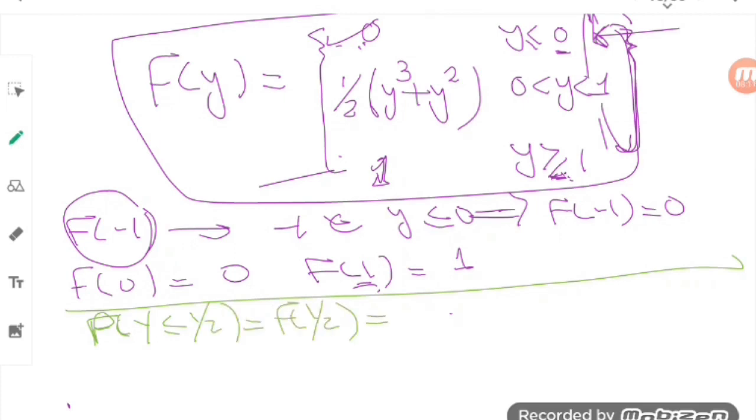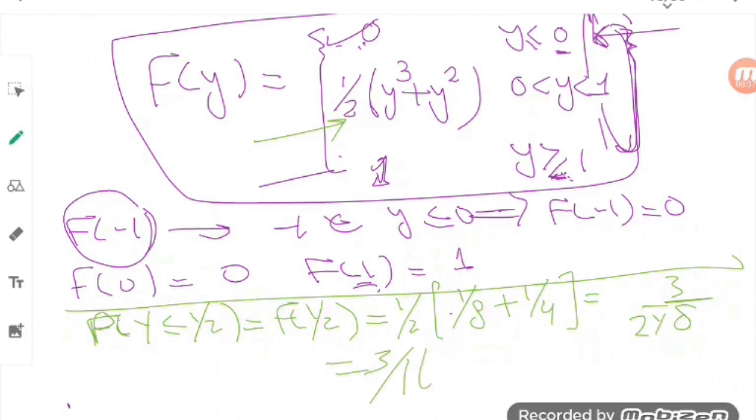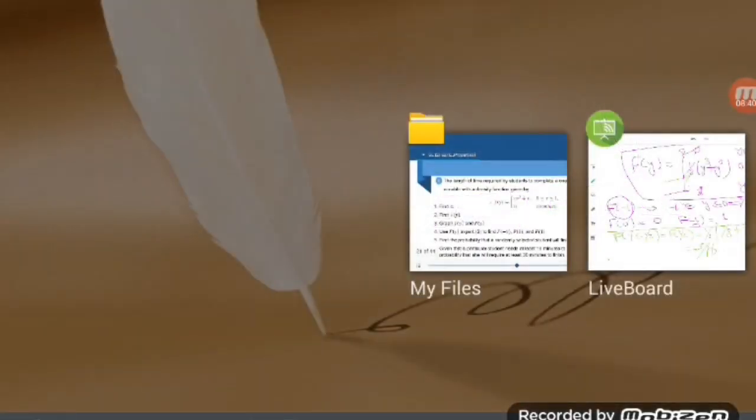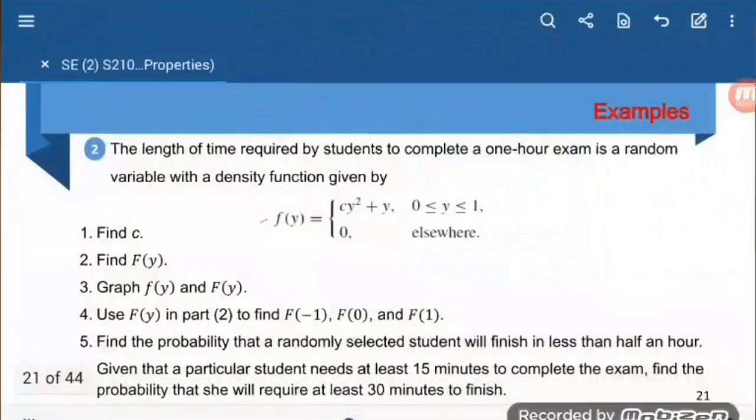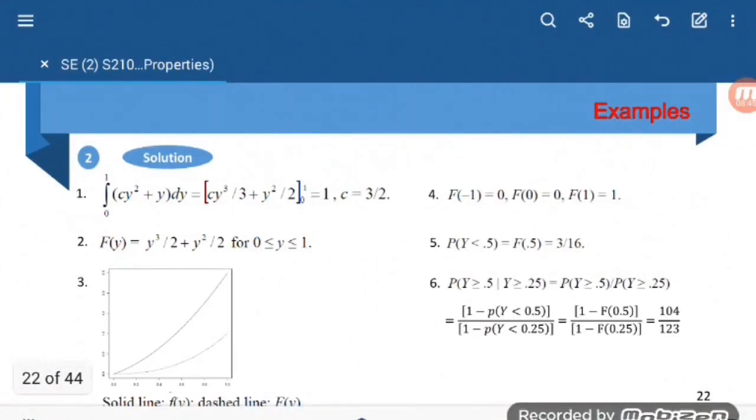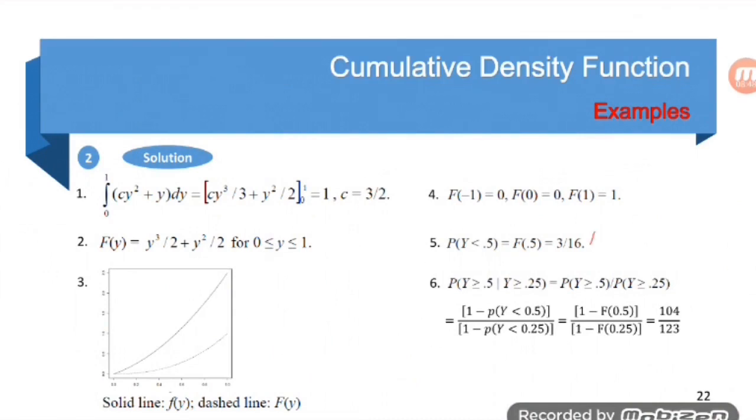This can be given by direct substitution in this form, which is half, 1/8 plus 1/4, which is, I think, here 8, 3 times 2, so this is 3 divided by 16. Yes, 3 divided by 16, this is actually the value.